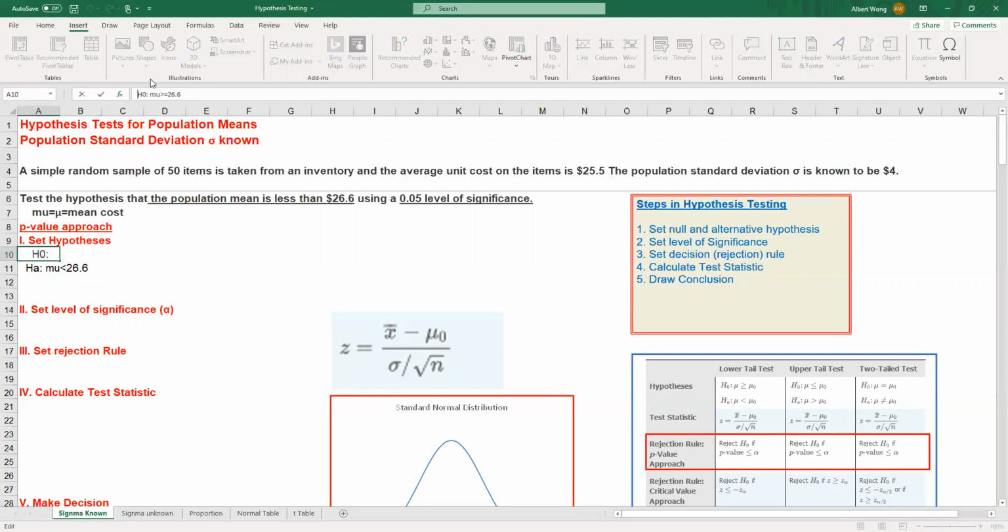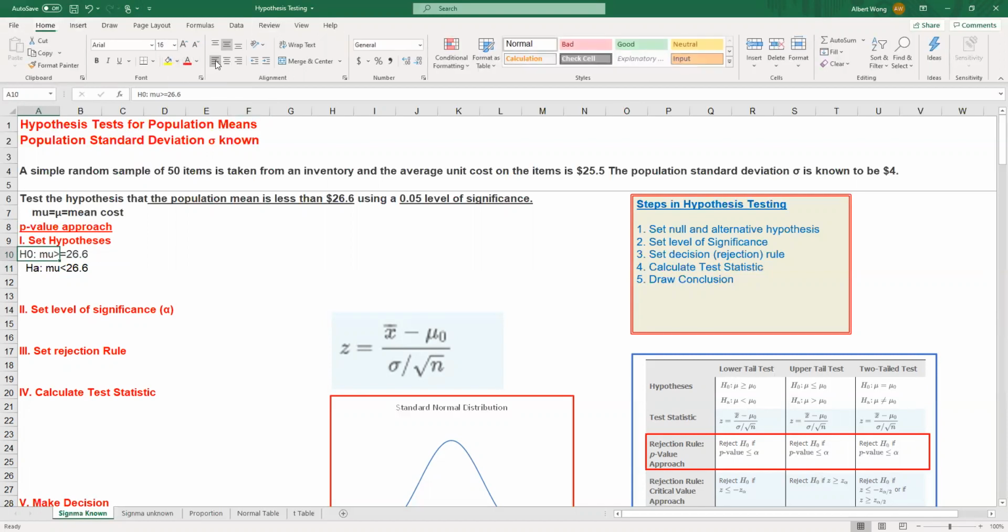Okay, so that's the null and alternate hypothesis. Let me just format this a little bit better. And once we set the hypothesis, then we can now do the level of significance.